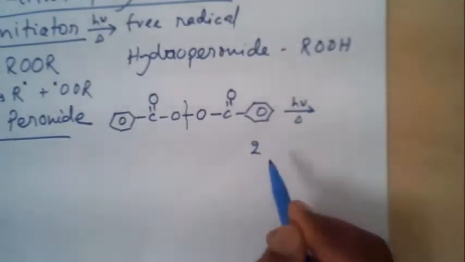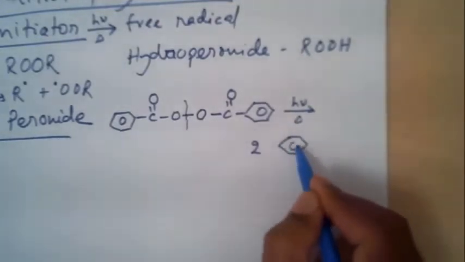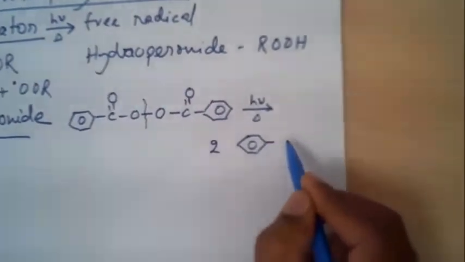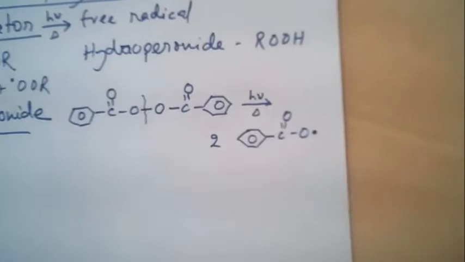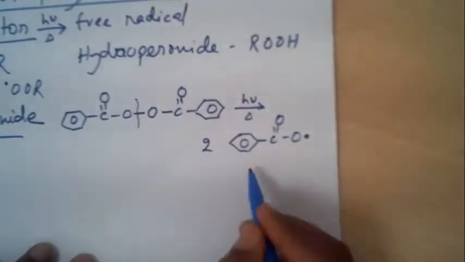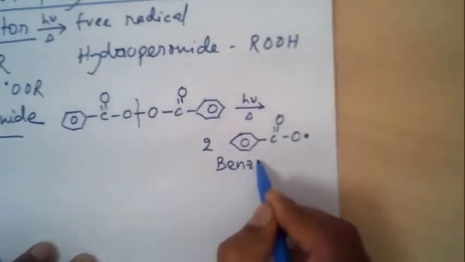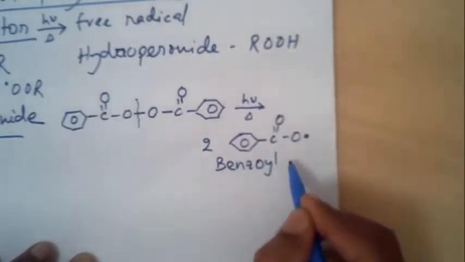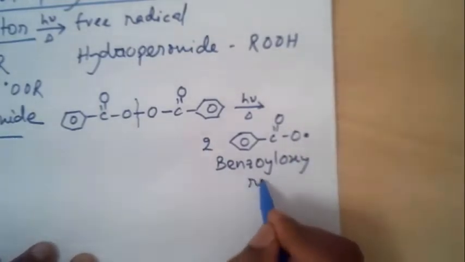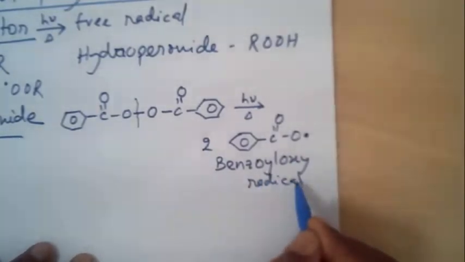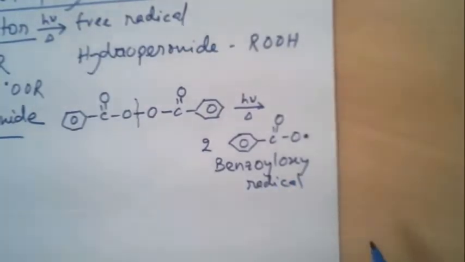This is going to produce two of this radical. This radical is known as the benzoyl oxy radical.